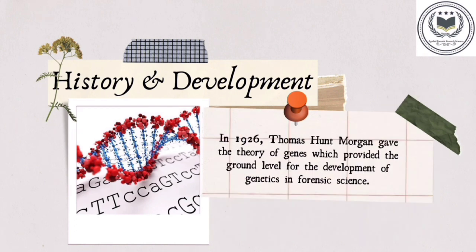In genetics, we study genes and various aspects related to genes. In 1926, Thomas Hunt Morgan gave the theory of genes, which provided ground-level development of genetics in the field of forensic science.